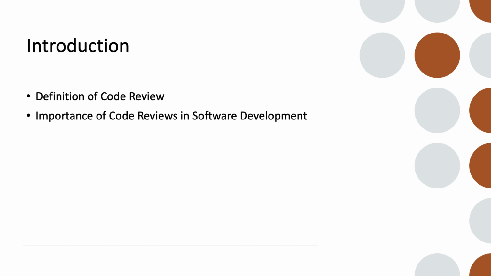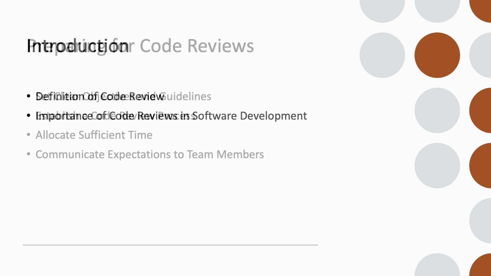Lastly, code reviews foster collaboration and team bonding by providing opportunities for constructive feedback and mutual learning. By engaging in collaborative code reviews, team members can build trust, respect, and camaraderie, leading to a more cohesive and productive work environment.